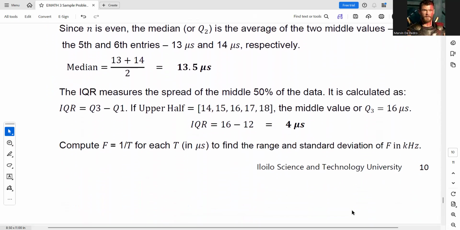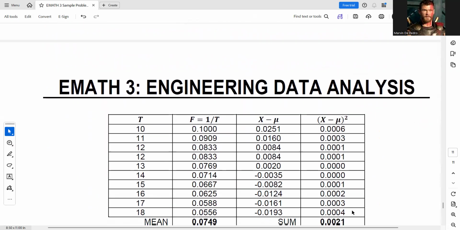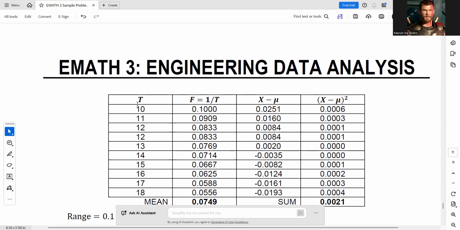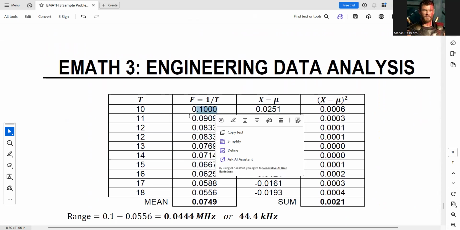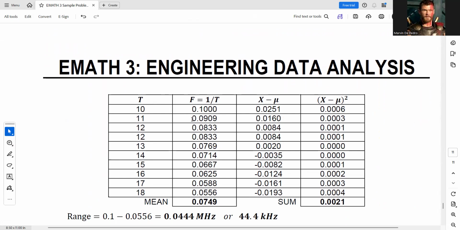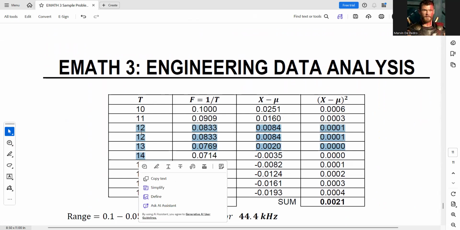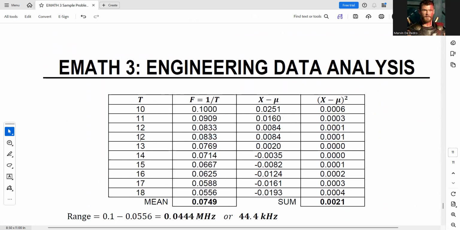Using the formula, we just take the reciprocal of T. We add another column here. So reciprocal of 10 or 1 over 10 is 0.1. 1 over 11 is 0.09 and so on.